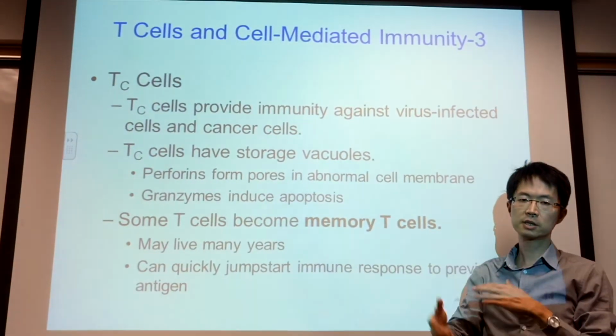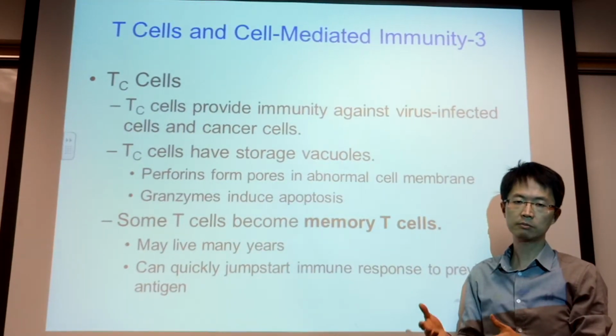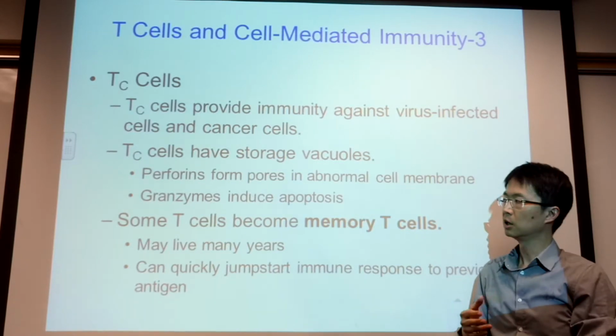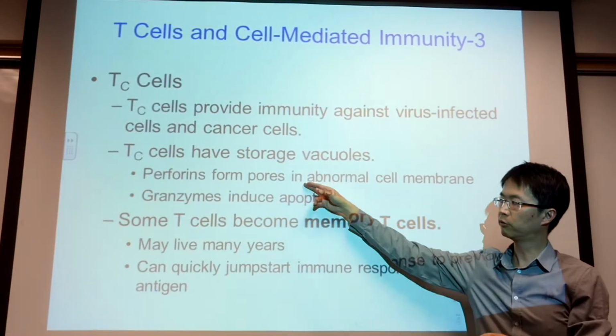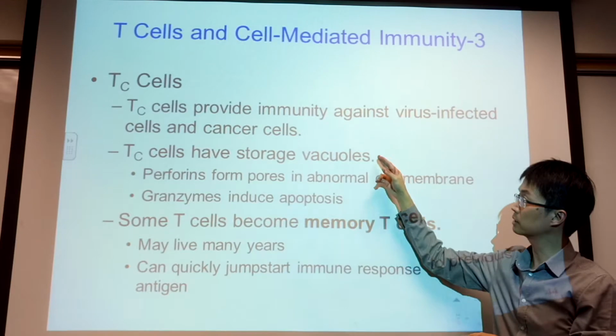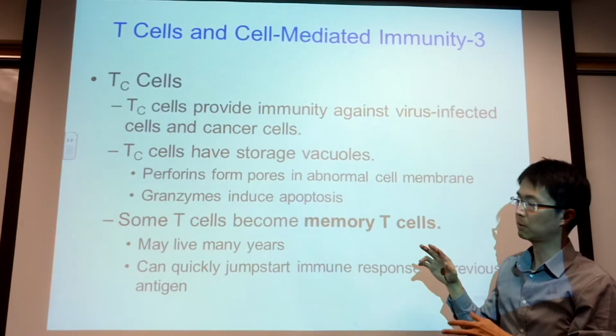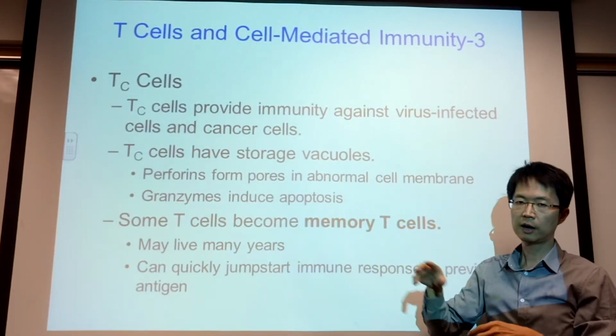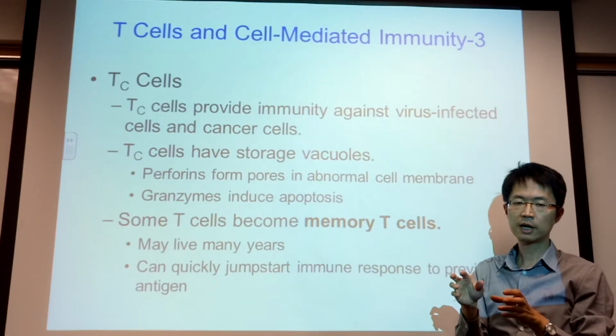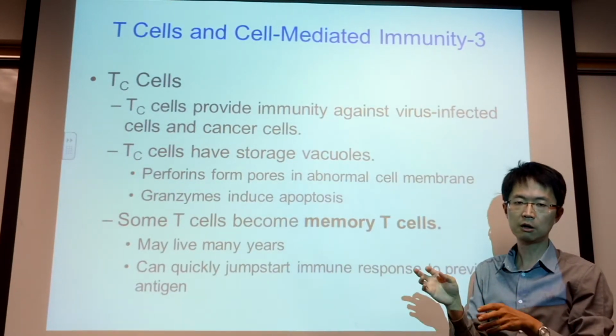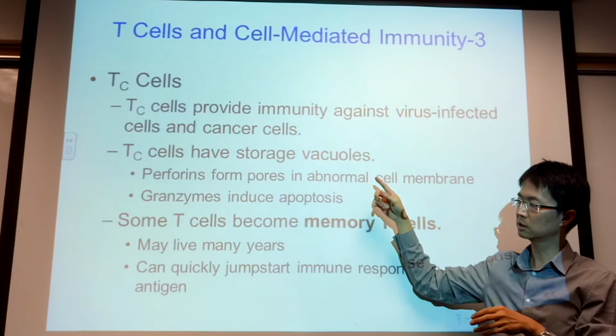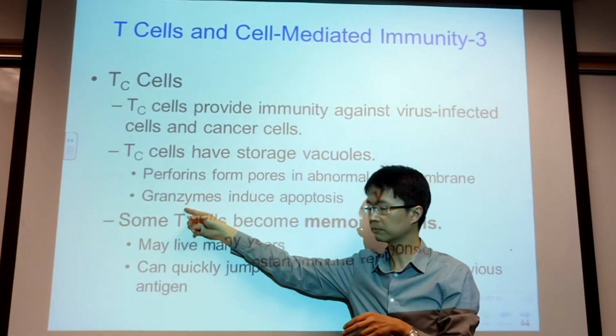Perforin acts very similar to MAC. Remember MAC, membrane attack complex? So perforin will form a pore on the cancer cell or virus-infected cell membrane, and then after it forms a pore, instead of letting the cytoplasm leak out, the cytotoxic T cell will secrete granzyme.